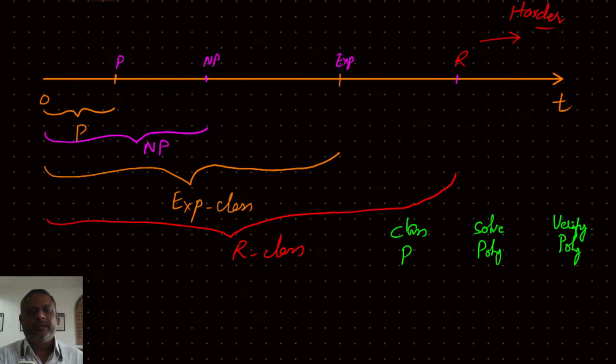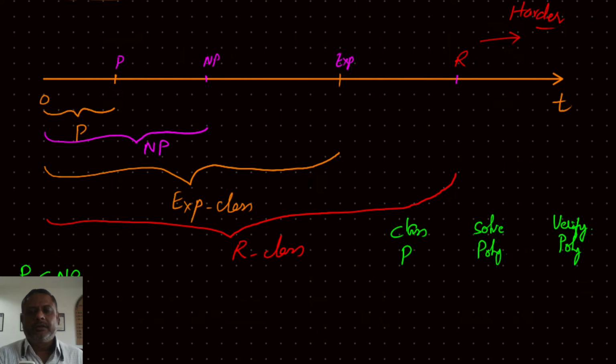So we can say that all the problems which are in P class are also in NP class, because NP class is one which says that the results can be verified in polynomial time.